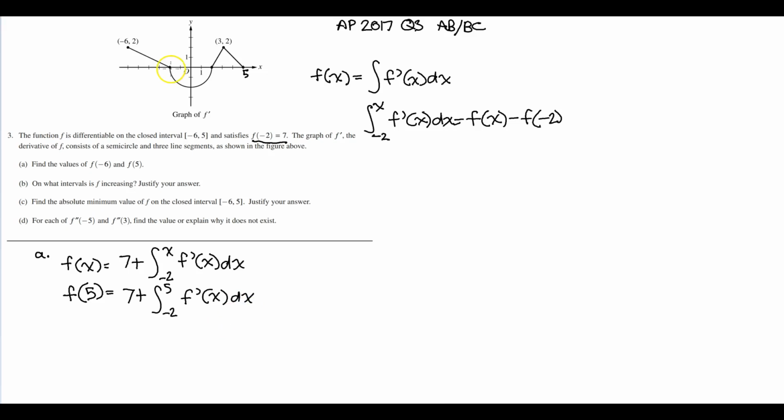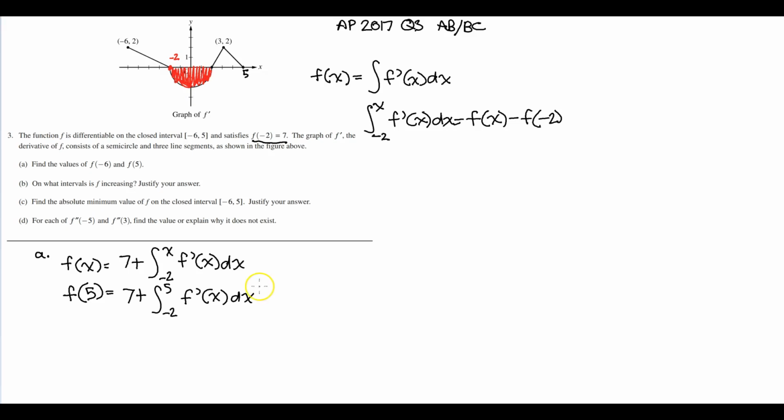Now, you have this semicircle. So this is -2. It's quite convenient. This semicircle is under the x-axis, so this area will be negative.